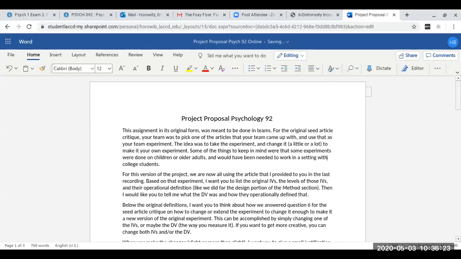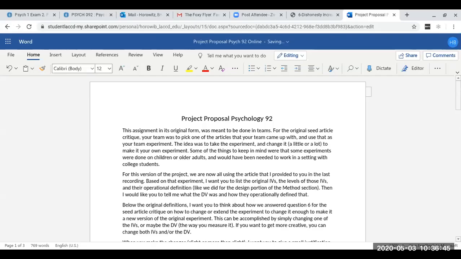For this version of the project, we are now using the article I provided to you in this recording. Based on that experiment, I want you to list the original IVs, the levels of those IVs, and their operational definition. If you wanted to use IVs from experiments 1 through 4, you can just name a couple of them.